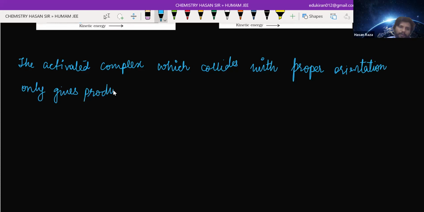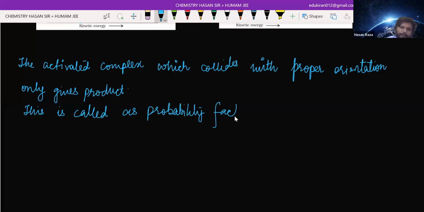That means if it collides with proper orientation, then only it gives its product. And if the orientation is improper, it will not give any product. This is called the probability factor, or we call it the steric factor. We denote it by P.